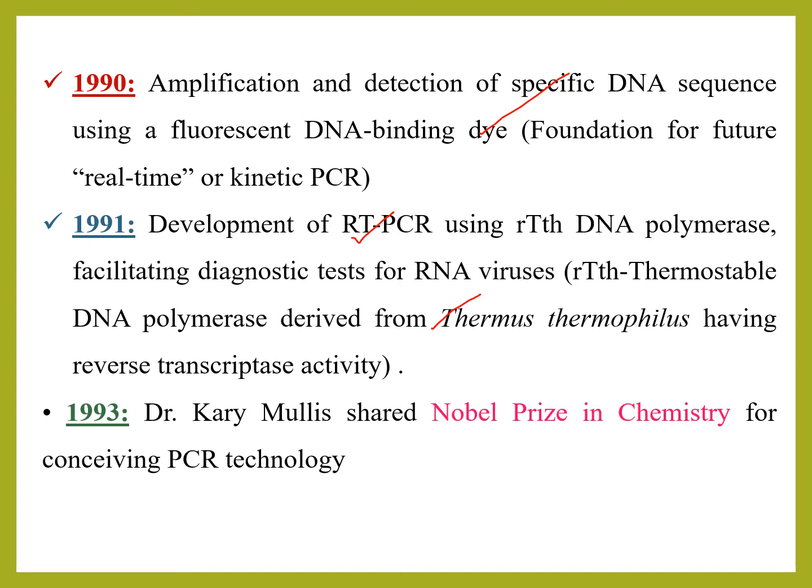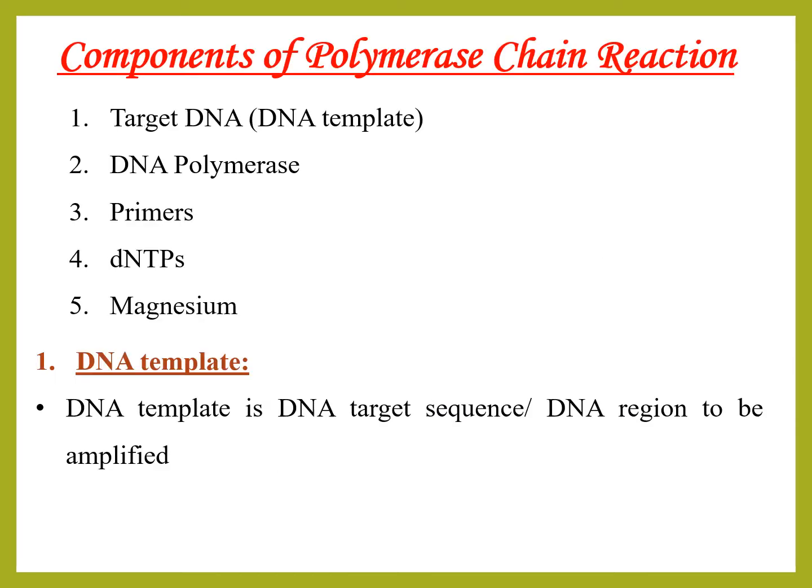In case of RNA viruses, we can't directly proceed to PCR. First, we have to convert the RNA into cDNA, that is complementary DNA, on which we perform PCR. This is the use of rTth DNA polymerase. And during 1993, Dr. Kary Mullis shared the Nobel Prize in Chemistry for conceiving this PCR technology. This is the overall history of PCR.